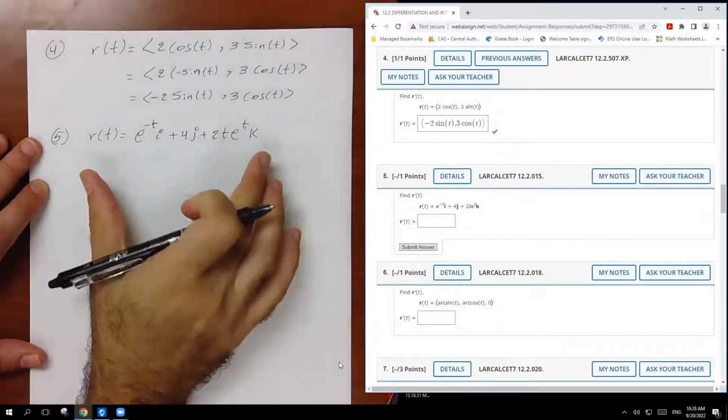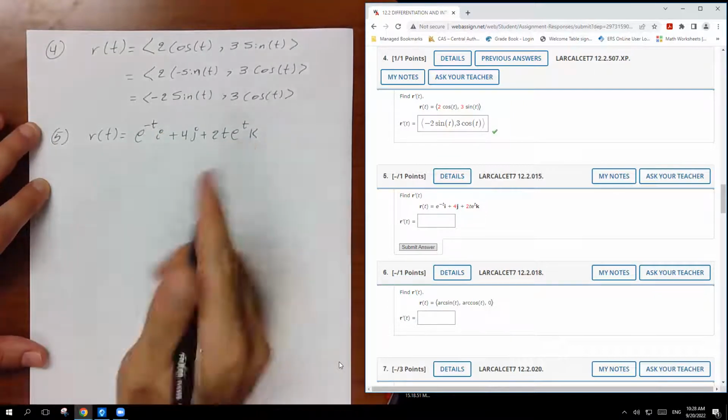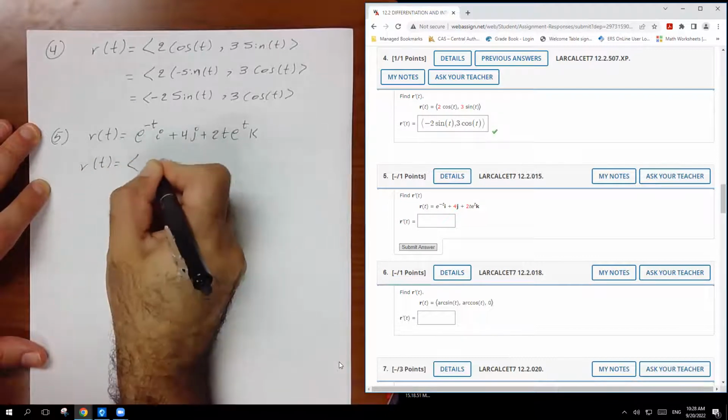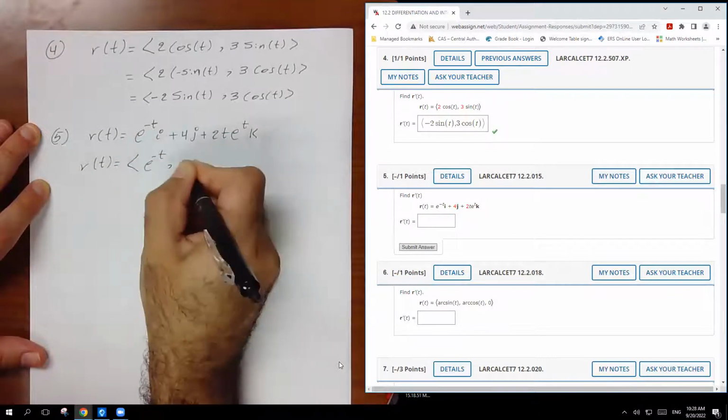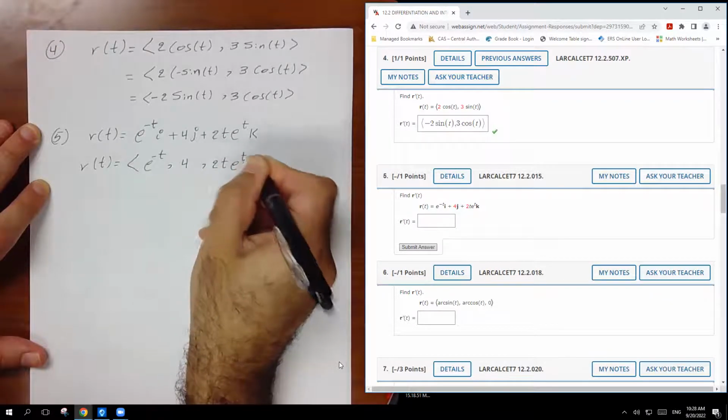If you want to work on this one, it's going to be right. Don't confuse yourself about i, j, k. Or if you want to convert it to the component form, it's going to be e to the -t, 4, and 2t e to the t.